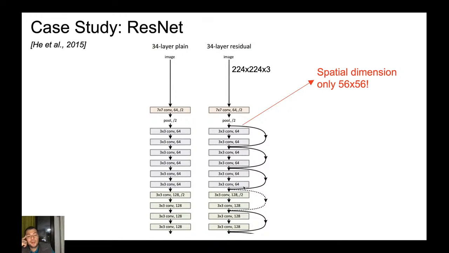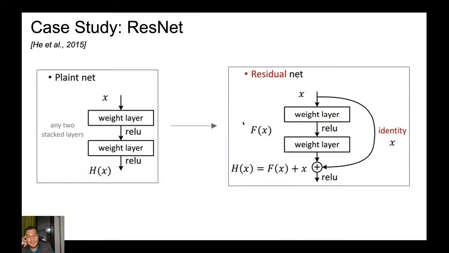So the gradients can also backpropagate through these connections, and this allows gradients to travel a shorter path to the layers that are early in the architecture, closer to the input, and this allows better training of the network.